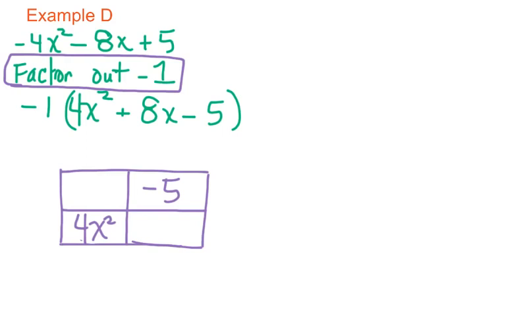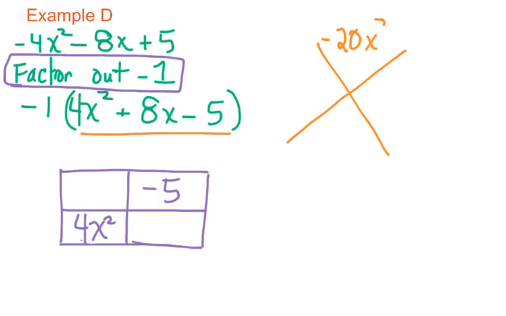So now I'm going to continue to set up like I always do. This time, I'm only using what's inside the parentheses. So I've got 4x squared and negative 5 as my first and last terms. I set up my diamond. I get negative 20x squared up on top, and my middle term is now positive 8x.